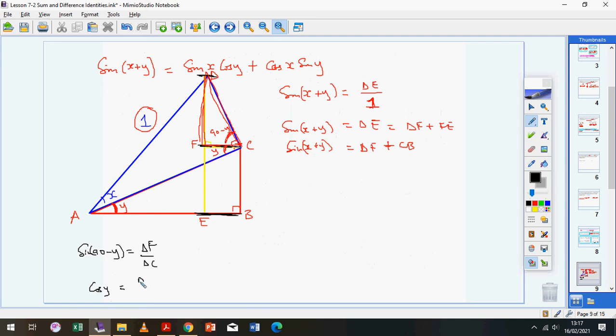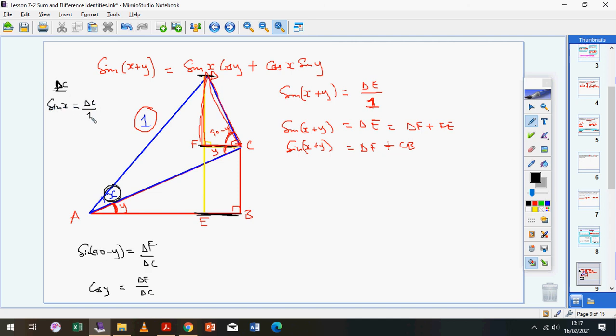Now I need to figure out what DC is, and I'm going to take you over here for a quick second. DC is the opposite of the blue triangle whose angle is x, right? So from that triangle whose angle is x, the sine of angle x is the same thing as DC divided by the hypotenuse, which is 1.